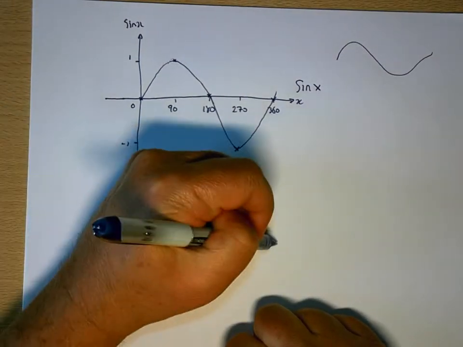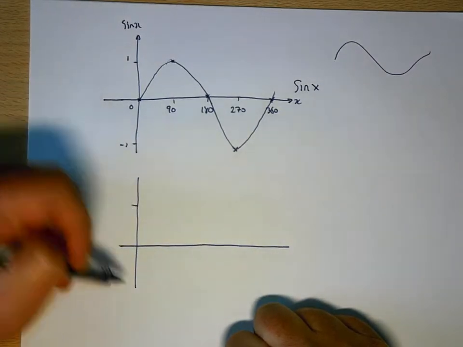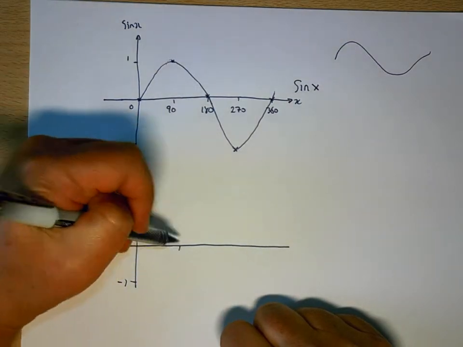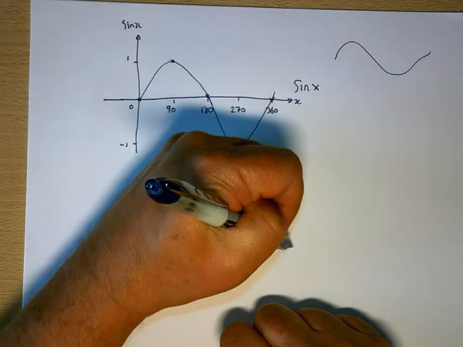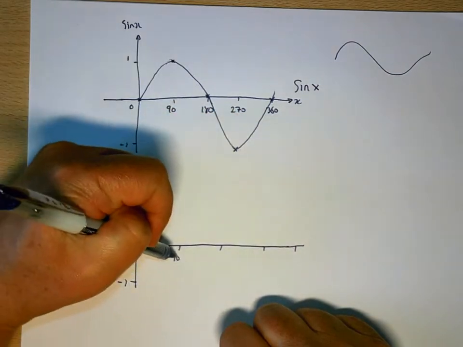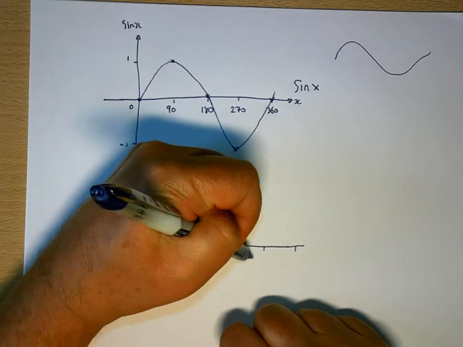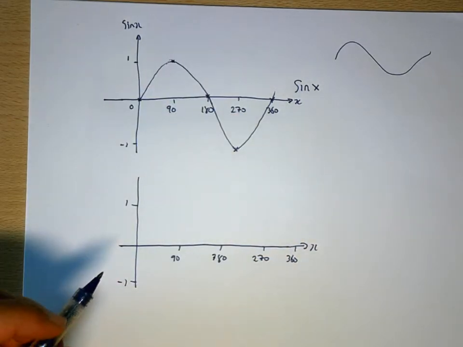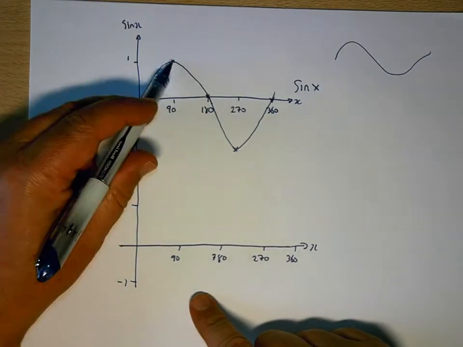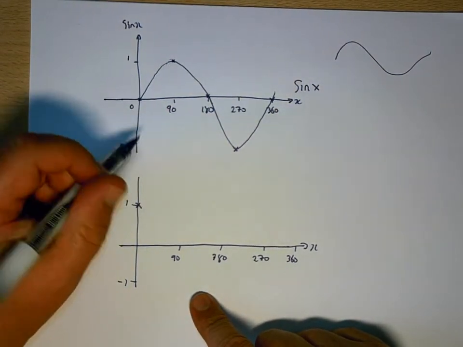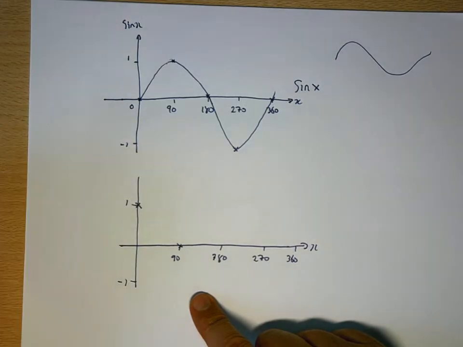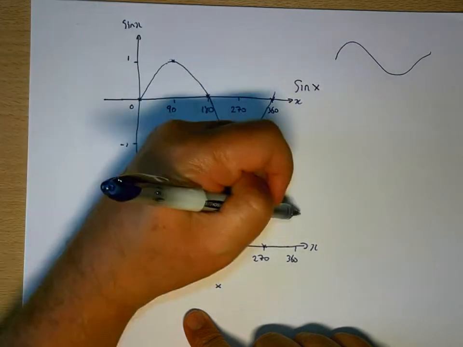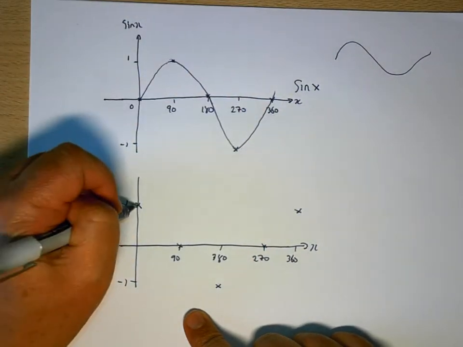For cos, again between -1 and 1, again we're going in 4 equal steps, so 90, 180, 270, 360. But this time the curve doesn't start at 0, it starts at 1, then drops to 0 at 90, then to -1, then back up again, and back up to complete the cycle.